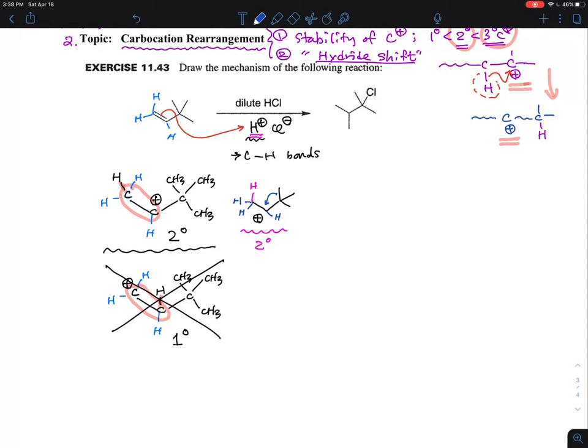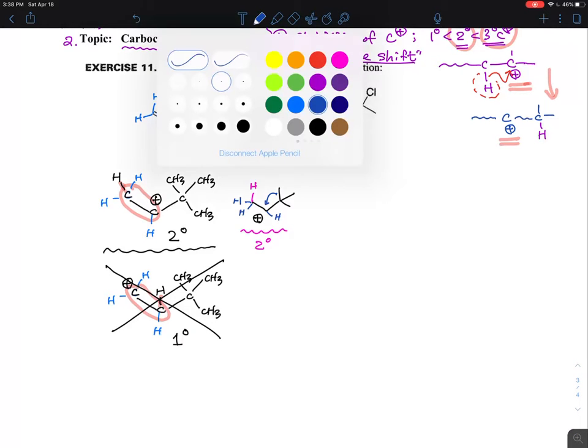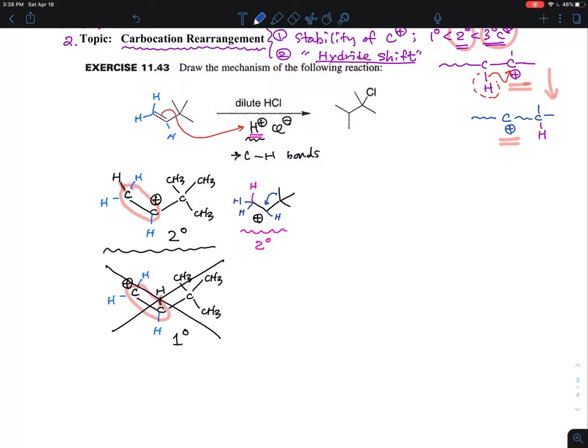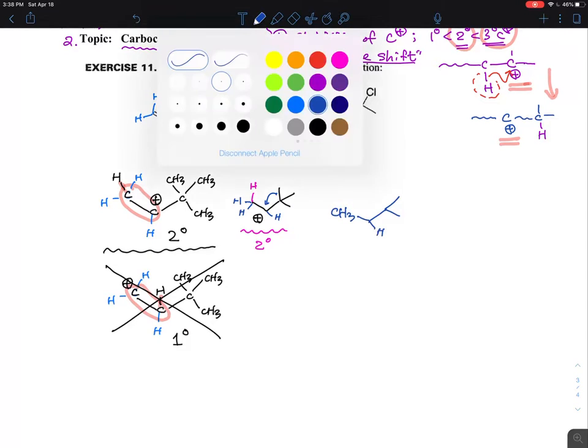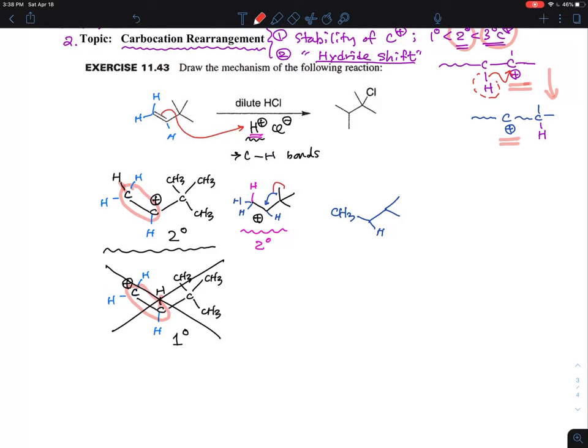Okay, so as a consequence, what you're going to see here is a CH3, and then a backbone like this. This is one hydrogen. And then I'm going to highlight the new methyl, which is coming from here. That's a CH3, and this is now neutral.